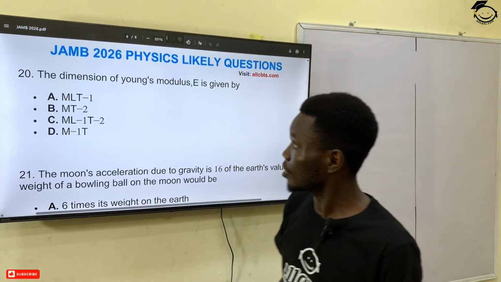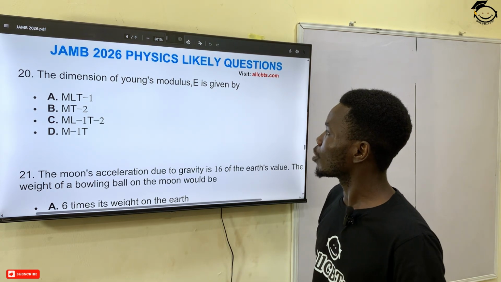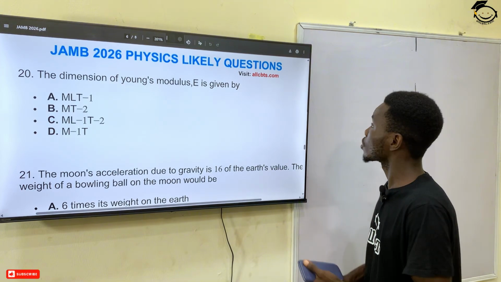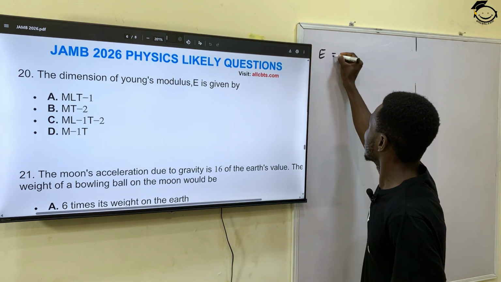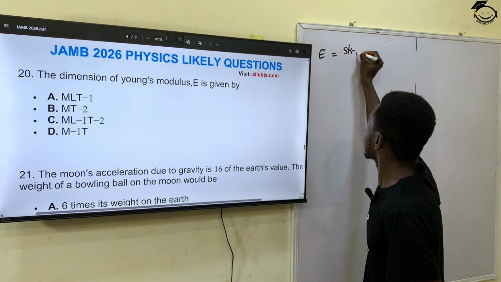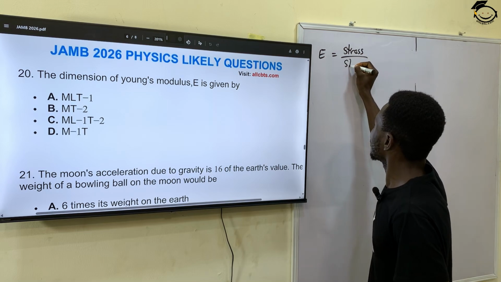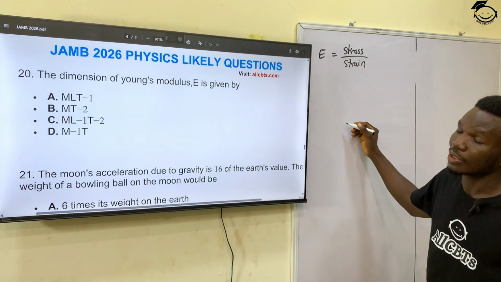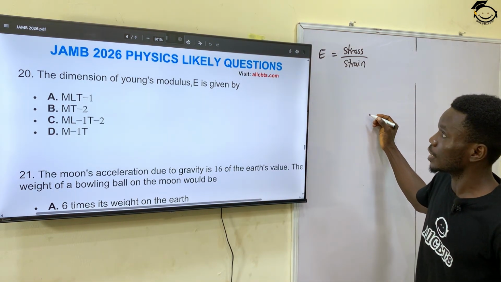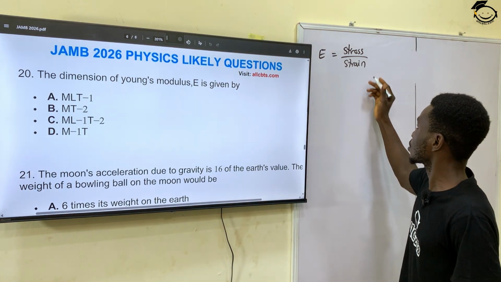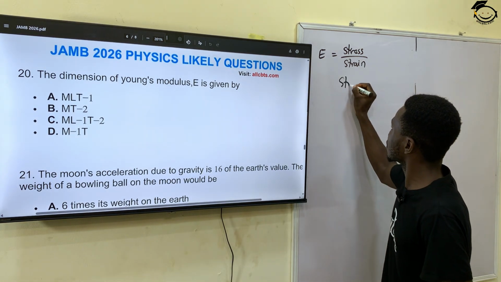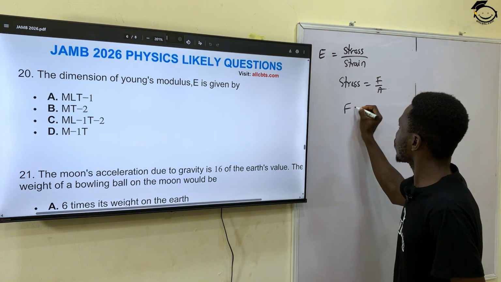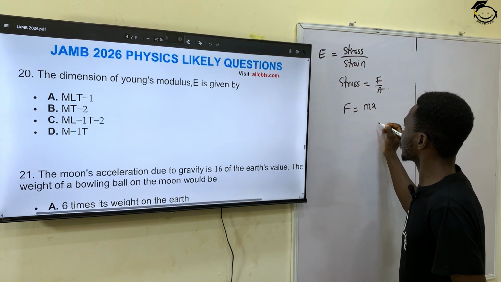Moving on to the next question, it says the dimension of Young modulus E is given by dash. So we know that Young modulus E is stress over strain. And because strain is dimensionless, as it's talking about extension over original length, it is dimensionless. So our stress is force over area, and we know that force is equal to mass times acceleration.